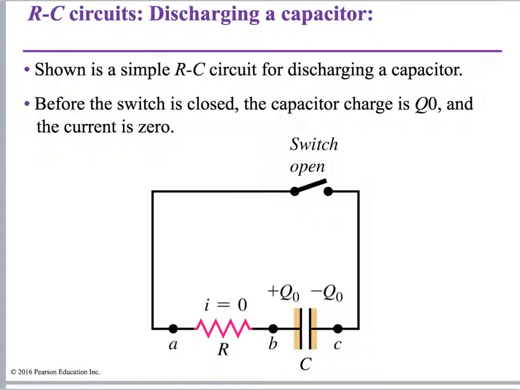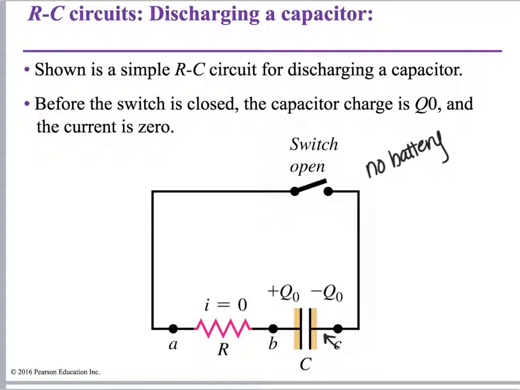And then the next thing we want to do is think about what happens when we discharge the capacitor. When we discharge the capacitor, there's no battery, but we start with a fully charged capacitor, and we connect it in series with a resistor. What happens is the charge will start flowing and produce a current around the circuit.